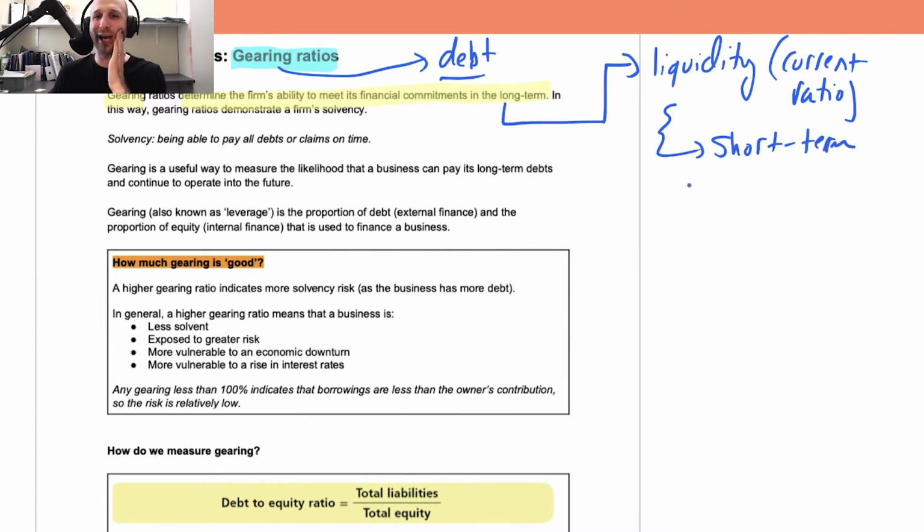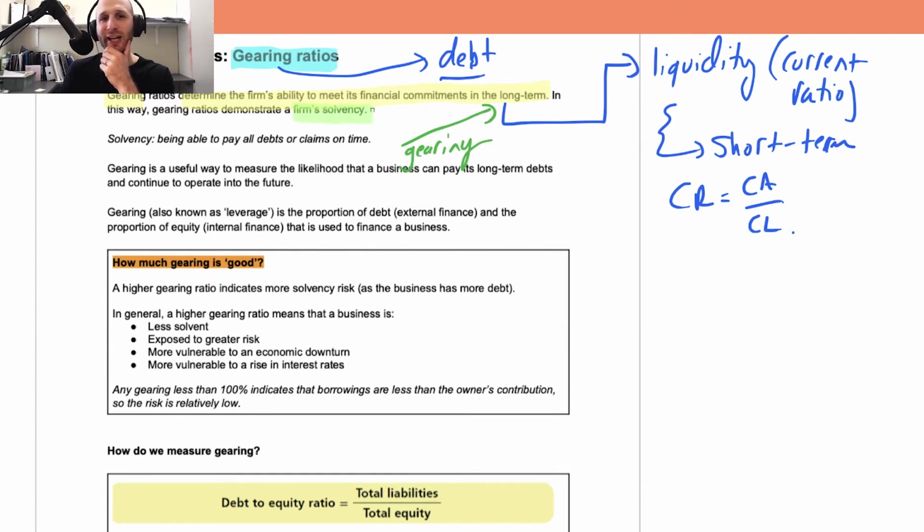The current ratio equals current assets over current liabilities. Instead, the gearing ratio looks at the long term.